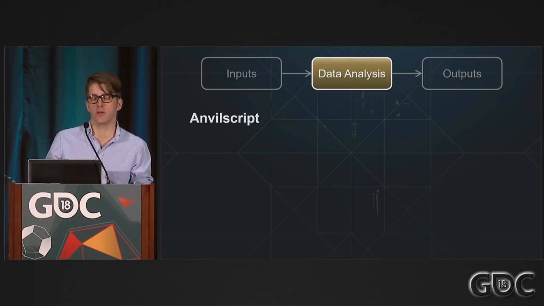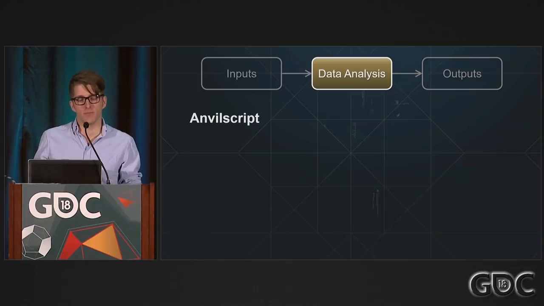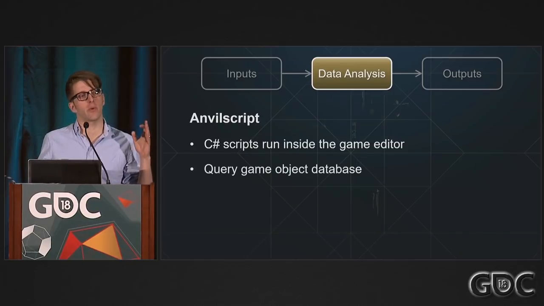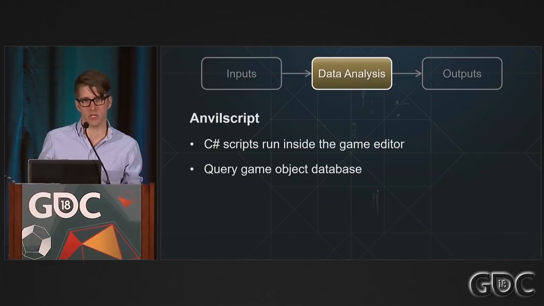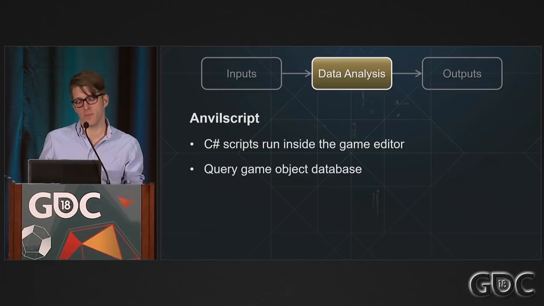AnvilScript is a feature that we have in our game editor tools, which is called Anvil. It's basically C# script that runs inside the game editor. And using these scripts, we can query every piece of data in the game. I can access a chest object and know what is the loot inside the chest, what is the mesh of the chest, where it is in the world, what is its current rotation, and so on.